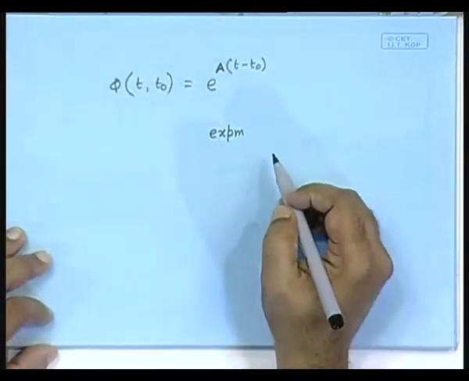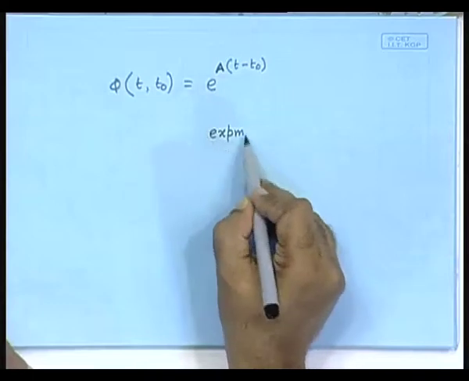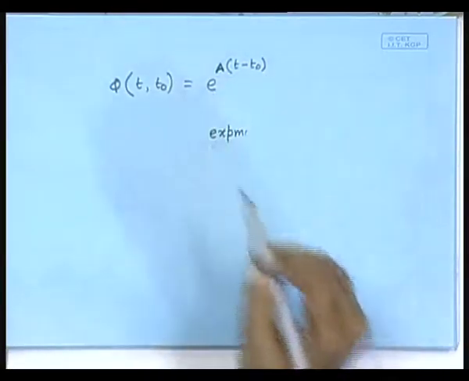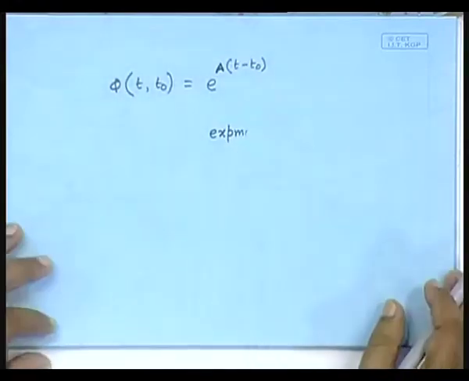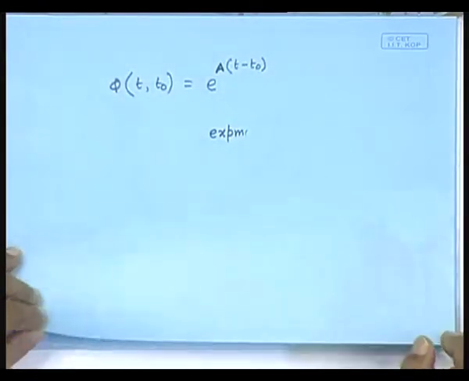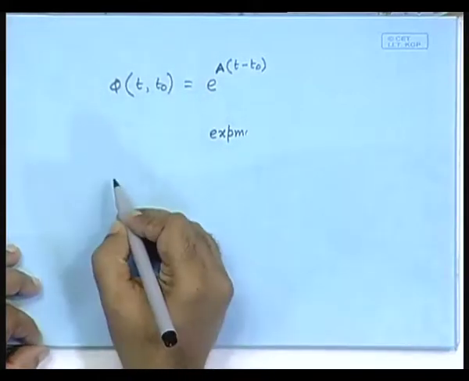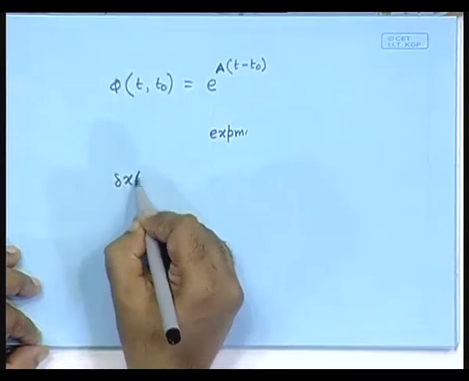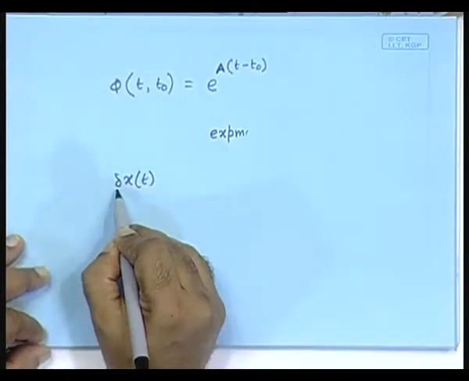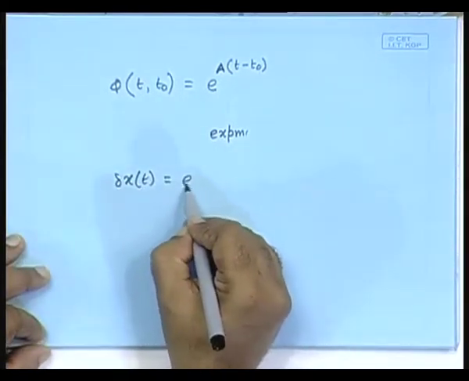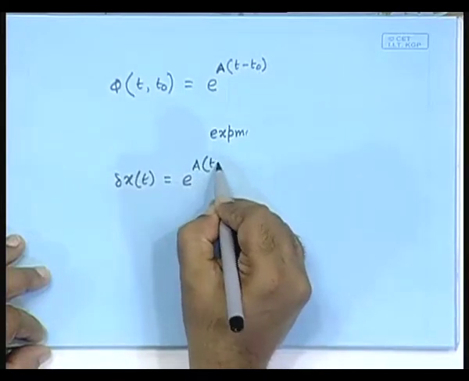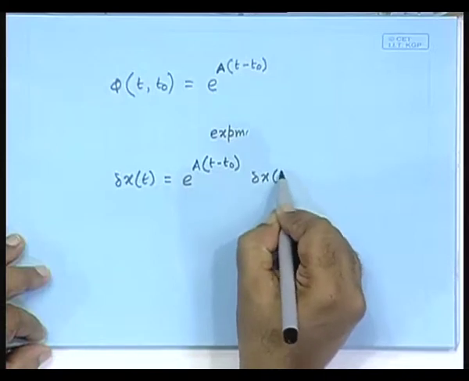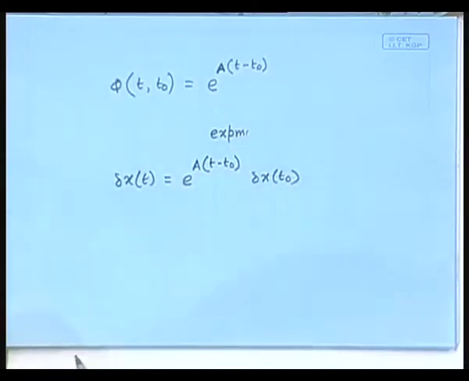All you have to give is expm within brackets, and whatever is in the exponent. If you know this, then you can easily write delta x of t, that means the perturbation at time t, as e to the power A times t minus t naught, times delta x at t naught.